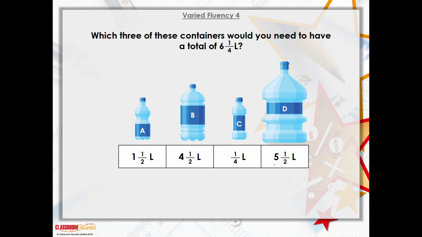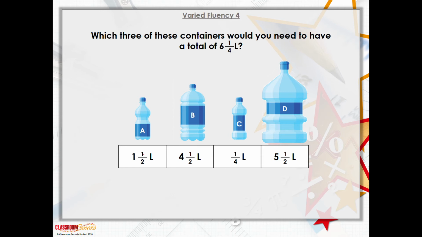So you need to add 3 of these different capacities together to find which come to a total of 6 1/4 litres. Now, if we're looking at our quarter litres, let's have a little look through.